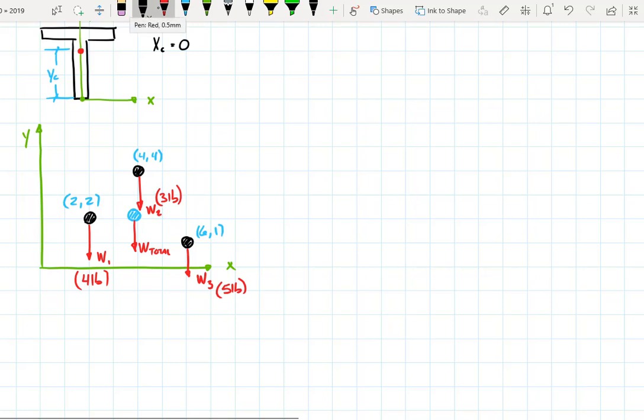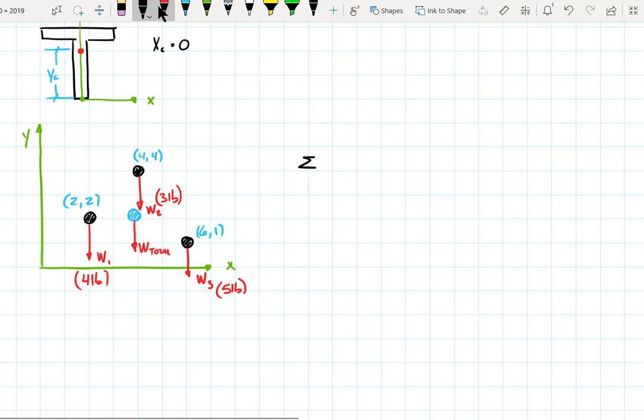And I can write an equation that tells me this. Basically, I could say that if I add up all of the, and I'm going to call them moments, although they're not really, I guess maybe if you look at this as you're looking down on the XY plane and these weights are actually going down into the screen, not the way I drew them, but I'm looking at it flat and these weights are creating a moment about the x-axis, then maybe you could make sense of that.